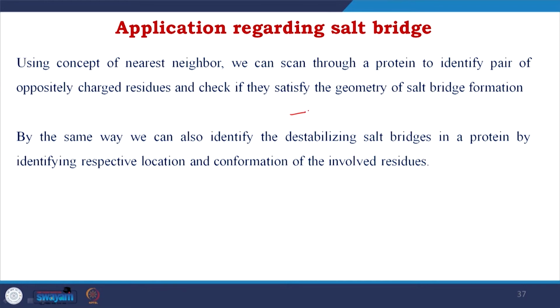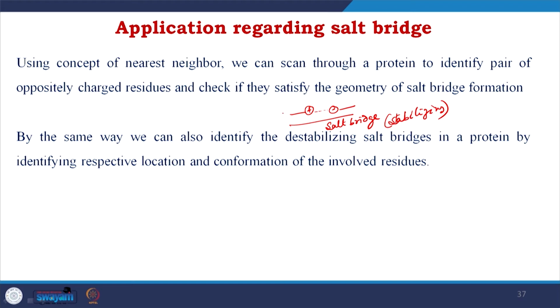Suppose this is a salt bridge. Because it is oppositely charged, we call it a stabilizing salt bridge. Now, a stabilizing salt bridge would help stabilize a protein.